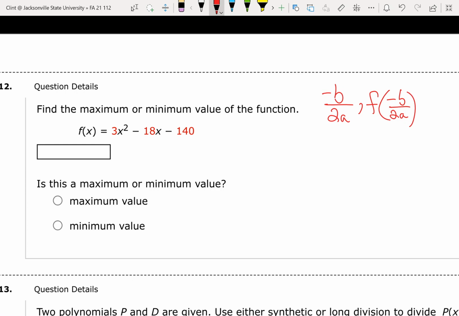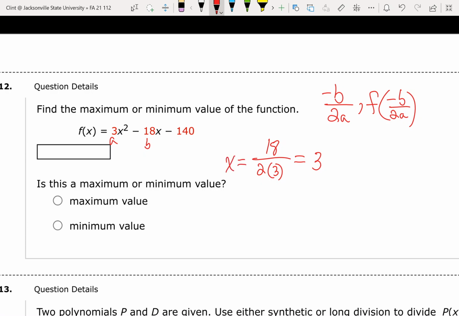Here, negative b over 2a. Here's a. Negative b will be positive 18. 2a, so 2 times 3. 18 over 6 is 3. It's going to be where our minimum or maximum occurs. That's our x coordinate.